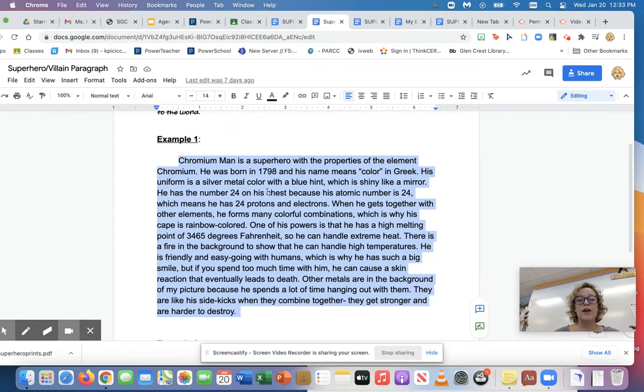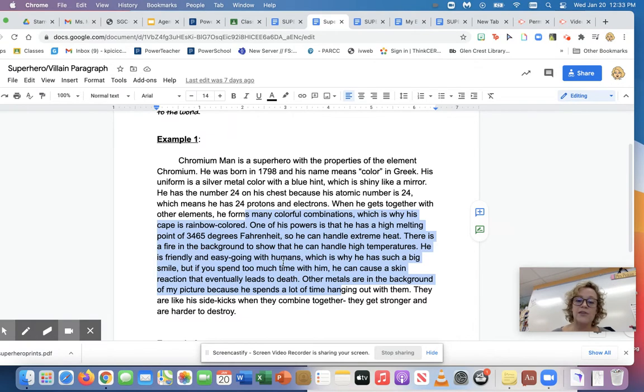He has the number 24 on his chest because his atomic number is 24, which means he has 24 protons and 24 electrons. When he gets together with other elements, he forms many colorful combinations, which is why his cape is rainbow colored. One of his powers is that he has a high melting point of 3,465 degrees, so he can handle extreme heat. There is a fire in the background to show that he can handle high temperatures.